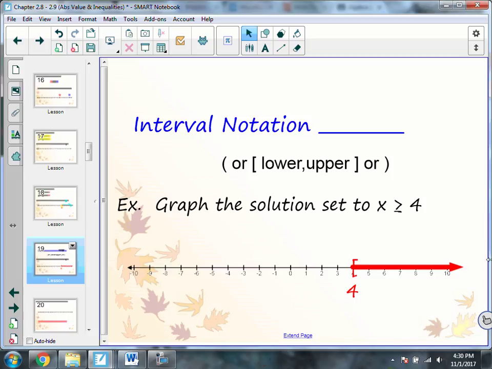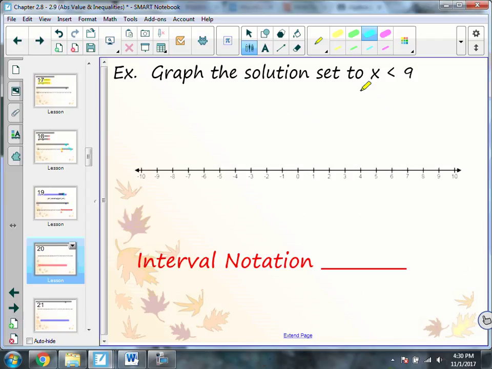So in this case, if you read the graph left to right, it starts at 4 with a bracket, and then it goes to positive infinity. So that would be our interval notation. 4 is our lower bound, and our upper bound is infinity, because this is an unbounded interval. It just keeps going and going. And because you can never reach infinity, by the infinity you always use the parentheses.